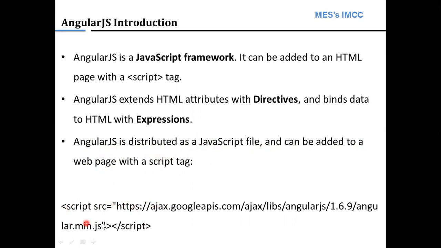This is called the CDN, and later on we will see how to configure AngularJS on our machines. For this instance, just understand this is the script tag and this is the URL. If you want to run your AngularJS program online, then you need to embed this URL in the script tag.